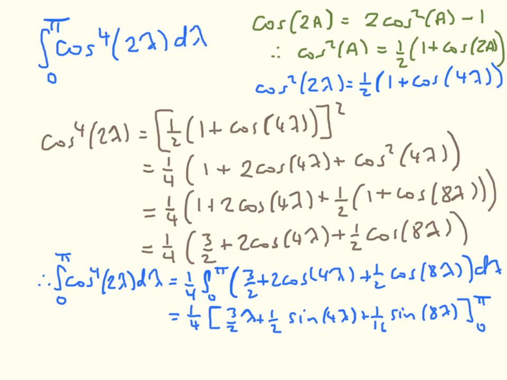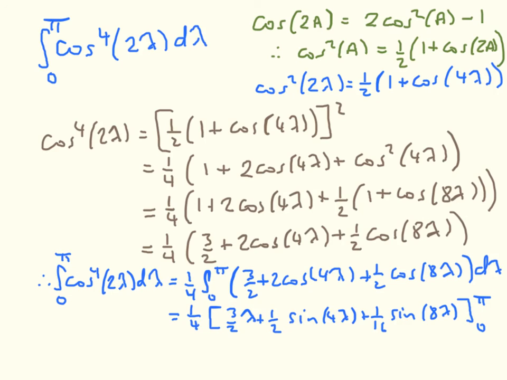Before we go into the gory details, let's realize that everything here vanishes at the lower limit. When lambda is 0, sine of 0 is 0, and also because the sine of n pi for integer n vanishes, here we would have sine of 4 pi, here sine of 8 pi at the upper limits, they're also going to vanish. So the only thing that survives in the limits is the 3/2 lambda when lambda is equal to pi.